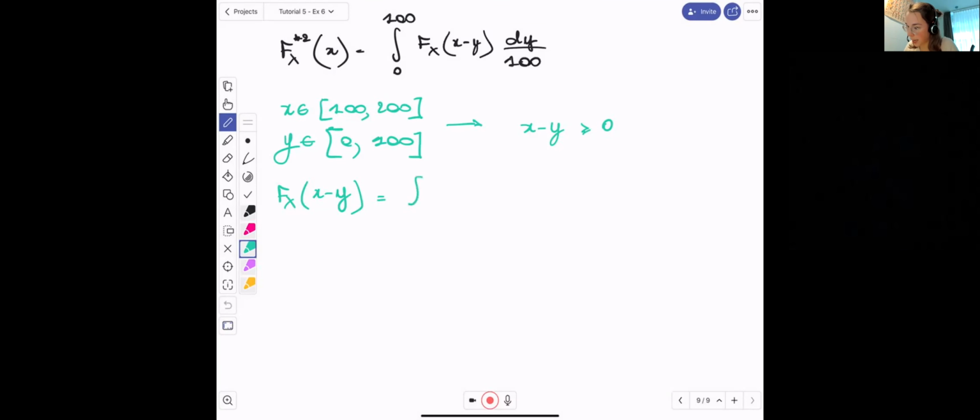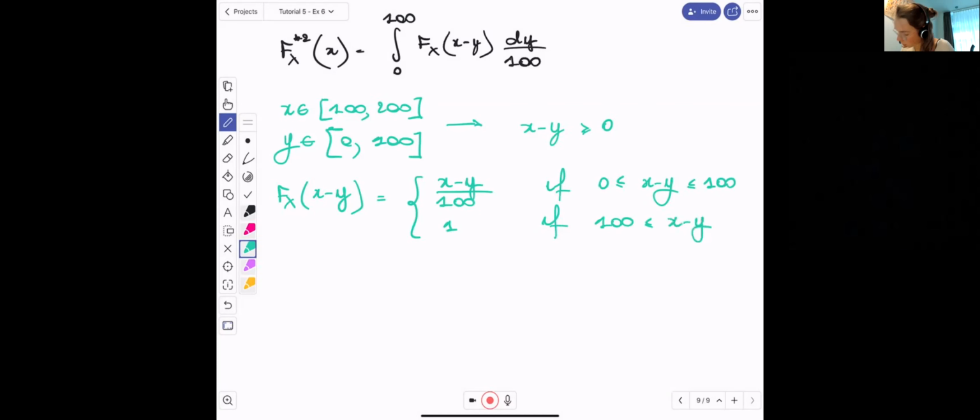So we consider the case where the cumulative distribution function is equal to x minus y divided by 100 if 0 is smaller than or equal to x minus y, which is smaller than or equal to 100, and it's 1 if 100 is smaller than or equal to x minus y.